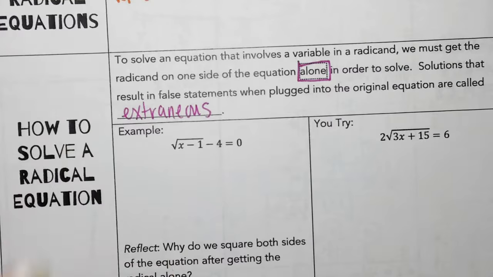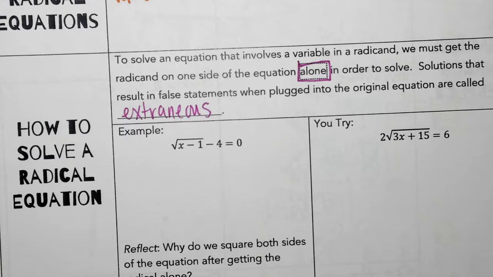Extraneous, that's how you spell it. So sometimes you can get two answers, and one of the answers is going to be an extraneous solution, which means it gives you an incorrect answer. And I'm going to show you how to do those in a minute.